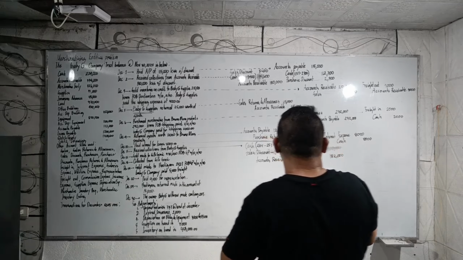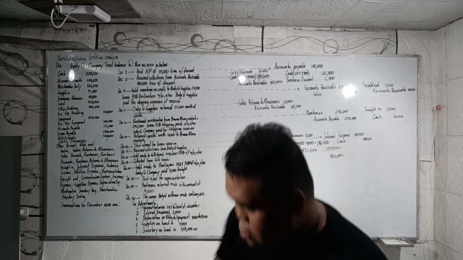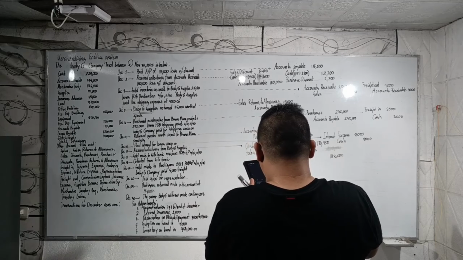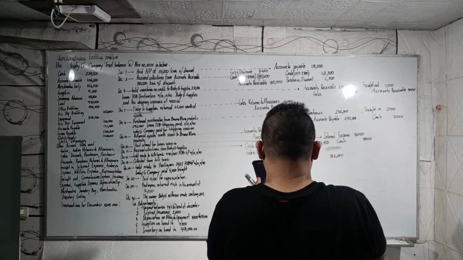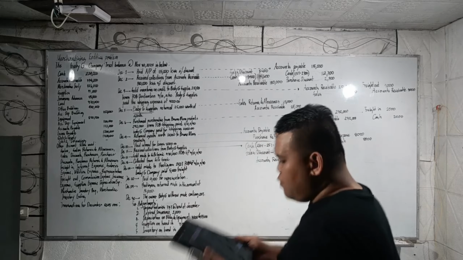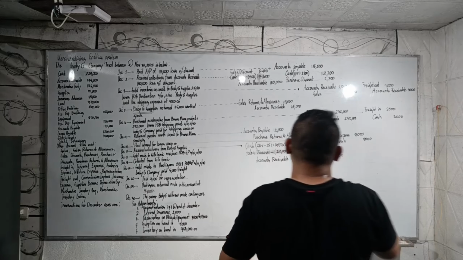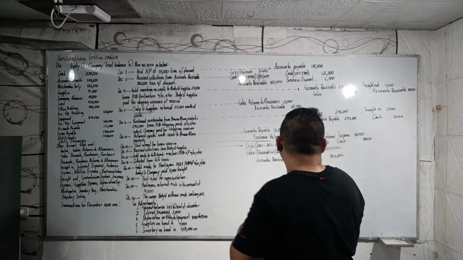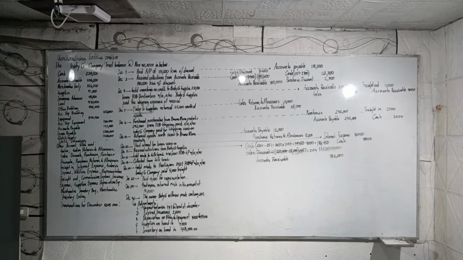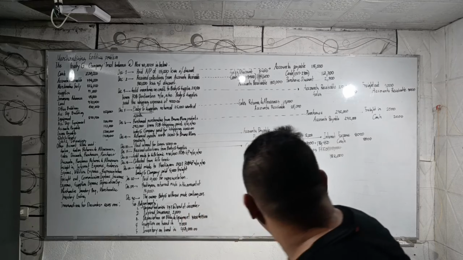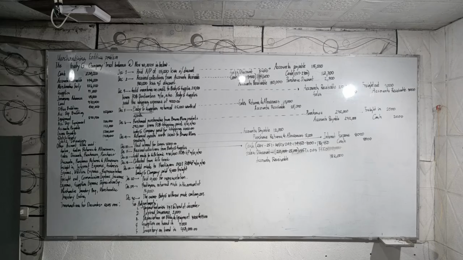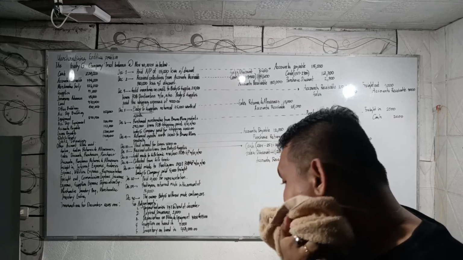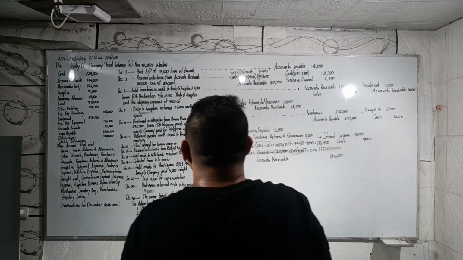Let's see if ever the entry will be balanced. So 185,000 times 0.03. 5,550. Okay. Plus, try 176,450. Yeah, it's balanced, 182. So that's the entry for December 11.